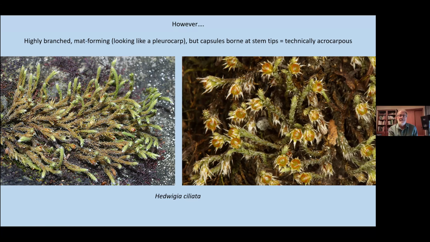Yes, you did. The answer is that it is related to the genes and the structure. And the reason I said if you put it in both keys, then what would happen is, because you don't see reproductive structures, it does look very pleurocarpous. Then you could branch back to the acrocarp.